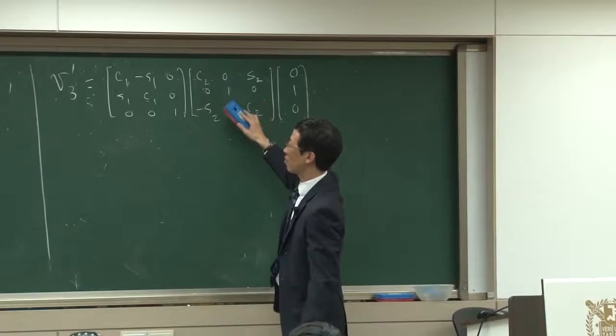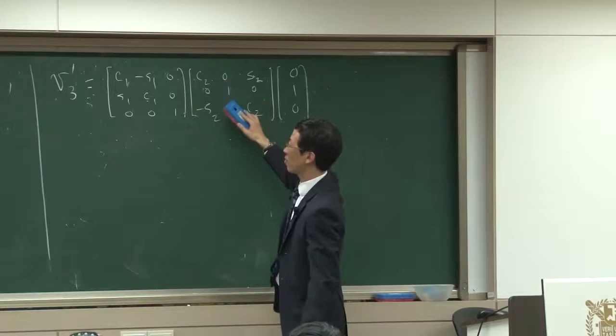Okay, sorry, there's a mistake. 1, 0, 0; 0, C2, minus S2; 0, S2, C2. Is that right? Okay, should be that. So multiply these three things. That's just minus S1 C2, C1 C2, and S2. Okay, 3 prime.